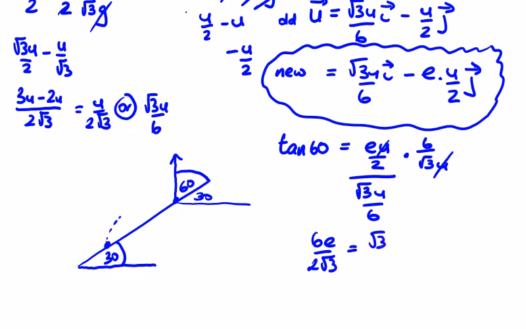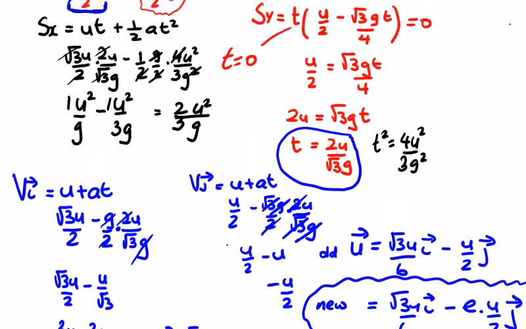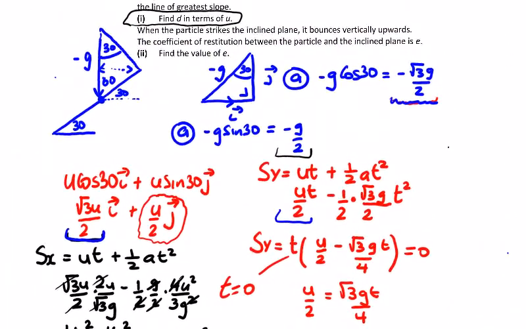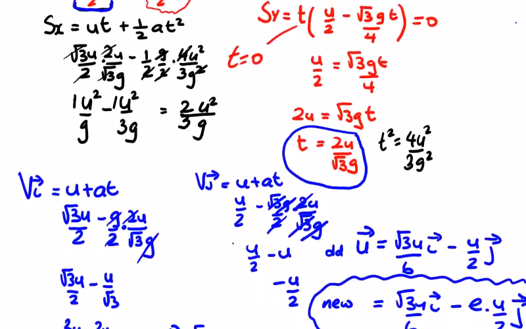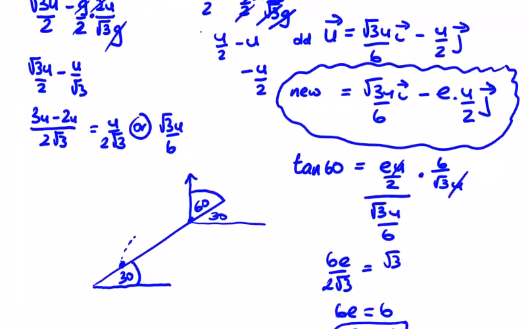So 2 root 3 by root 3 is 6, so 6e equals 6. So e is equal to 1. And what were we asked to find? The value of e. Okay, e is equal to 1 for 2021 part 2. Final part of this question.